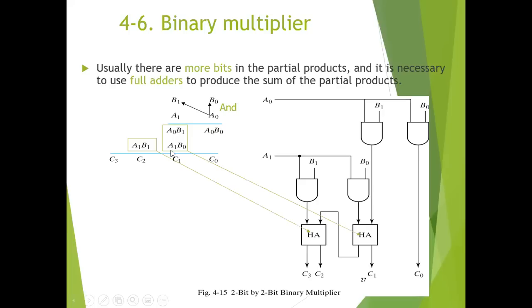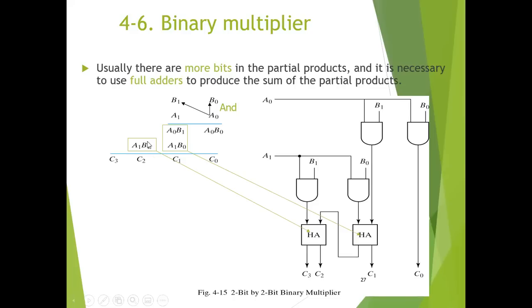Both are added using a half adder circuit, and the sum from that half adder is produced as C1. The output carry is transmitted to the input of the next half adder circuit, as the carry from the sum of these two partial products will be shifted to the next partial product term.